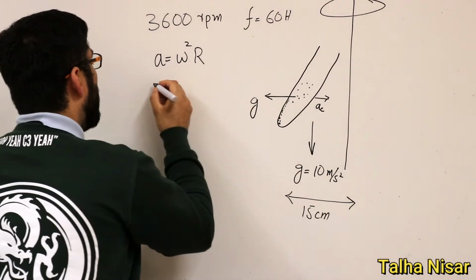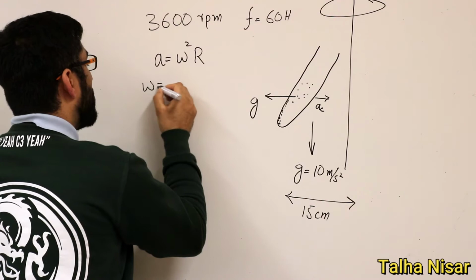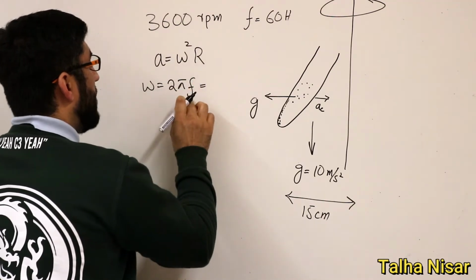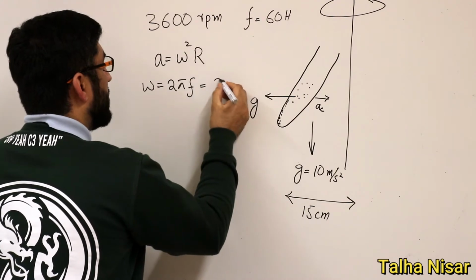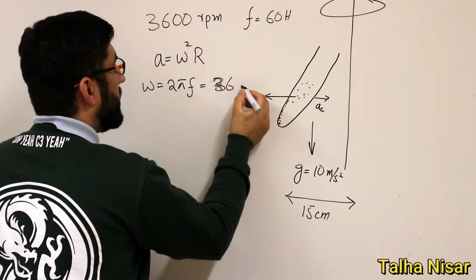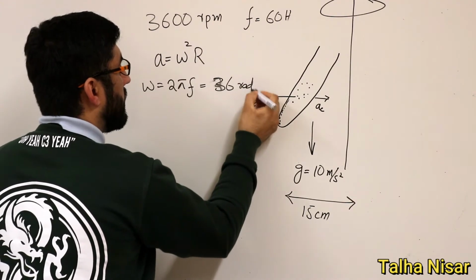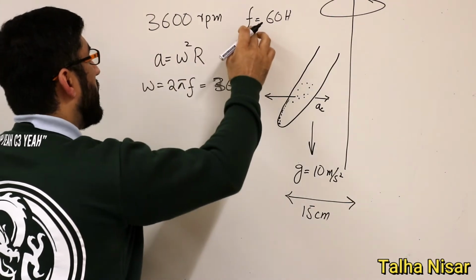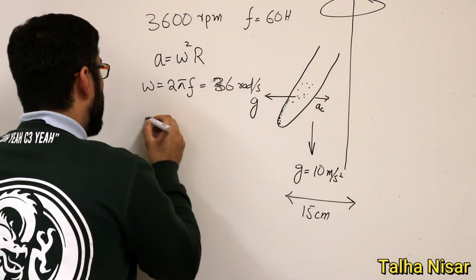To calculate omega, we know that omega is equal to 2 pi f. If we put in f, we get 360 radians per second.